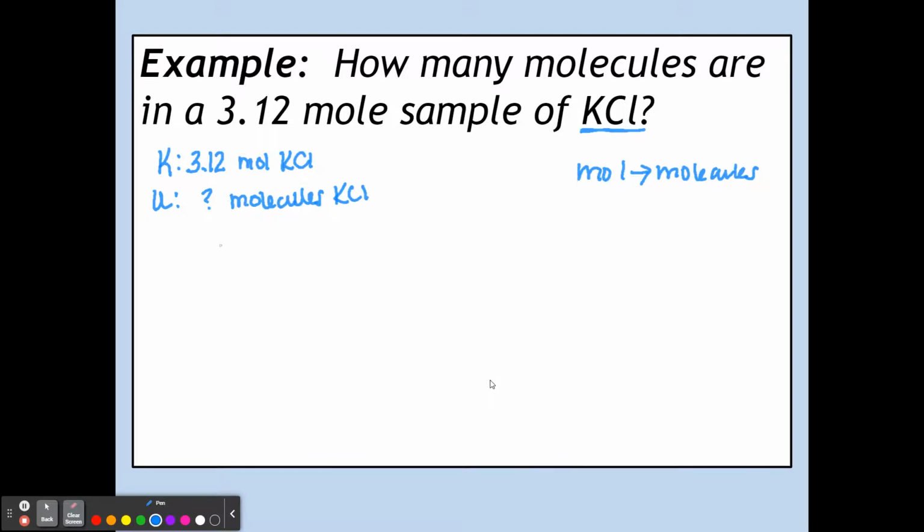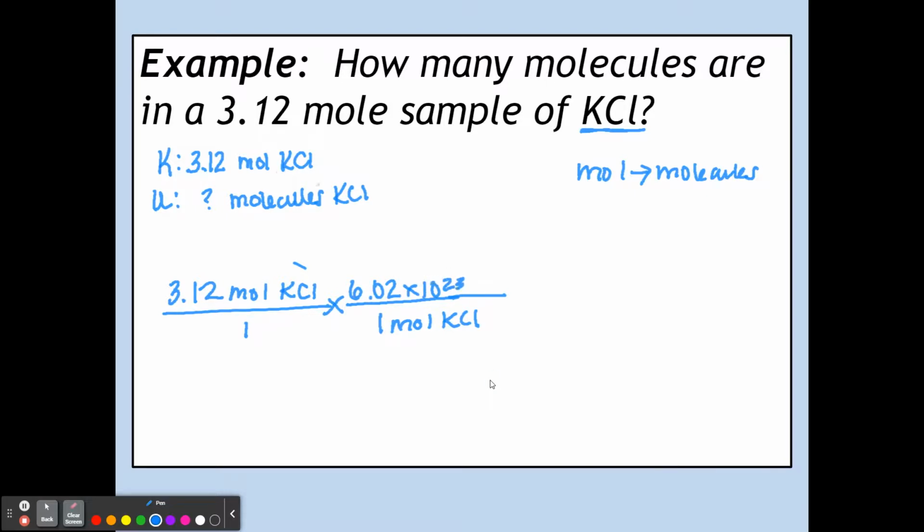Using Avogadro's number again. So I'm going to start with my known over 1. My mole is on top over here, so I know my mole needs to be in the denominator. On top, I'm going to put Avogadro's number, 6.02 times 10 to the 23rd, and that is molecules of KCl.